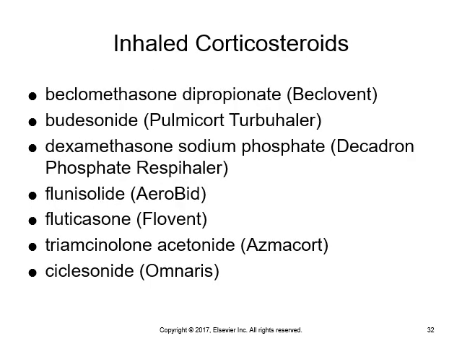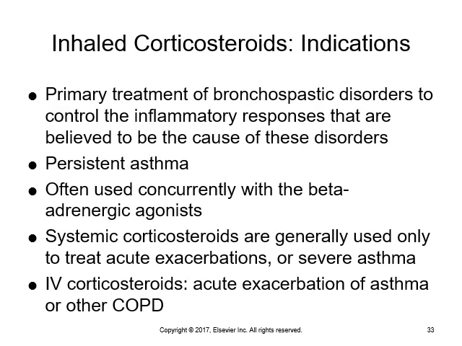Inhaled corticosteroids, here is a list of them. You can see Decadron is probably a popular one. Pulmicort, Serevent, those are all very popular. Indications for inhaled corticosteroids, they are the primary treatment of bronchospastic disorders to control the inflammatory responses that are believed to be the cause of these disorders.